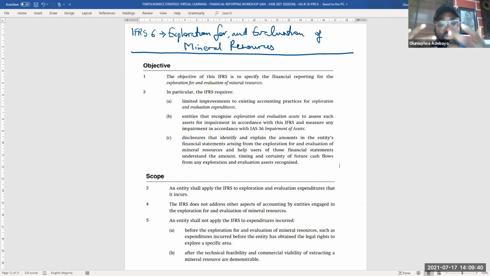Okay, how you recognize or capitalize your cost, either through the use of the successful effort method or through the use of the full cost method, and what are the costs that are essential in terms of whether you adopt a successful effort methodology or full cost methodology, are issues that border on exploration and evaluation assets, which shows that this is very critical to even understanding or making use of any of those two methodologies. Does that make sense to you now?